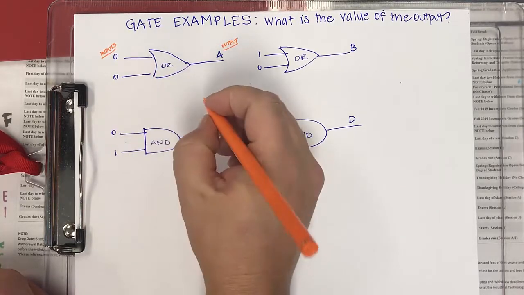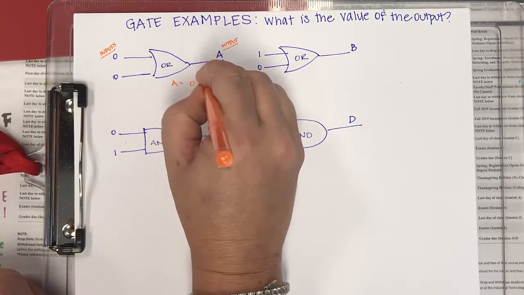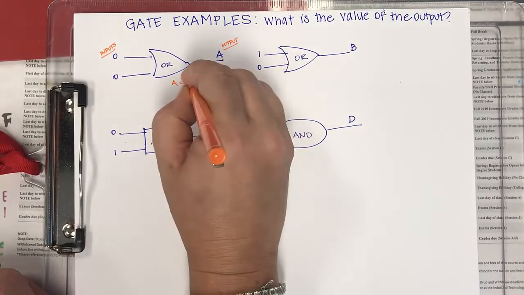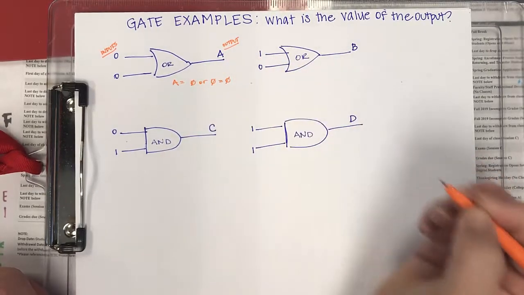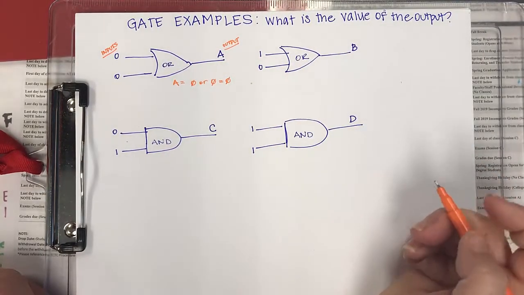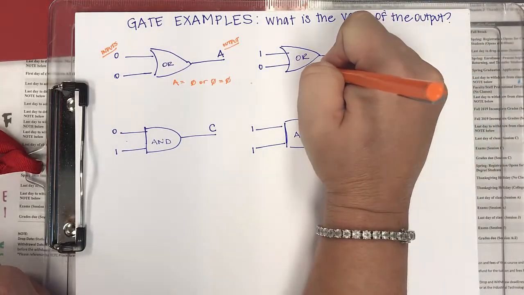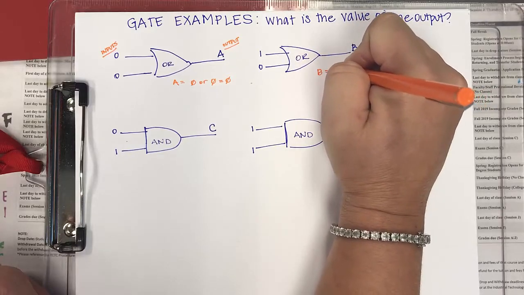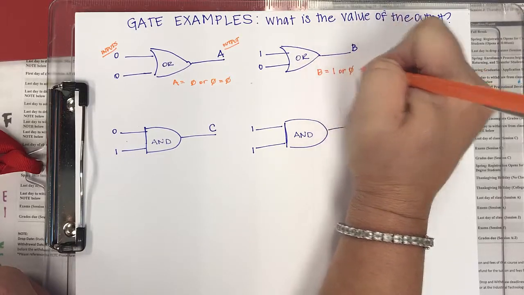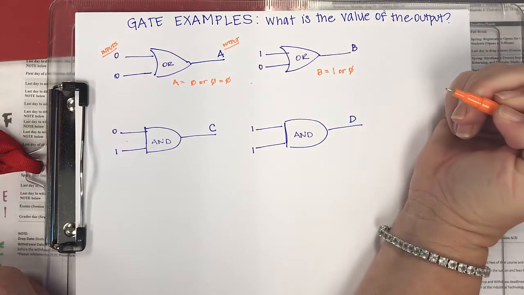So this one we would say A is 0 or 0. So what does that mean? A is 0. So if we look at it this way, here we have B is 1 or 0. And remember, for an OR gate, only one of them has to be true.